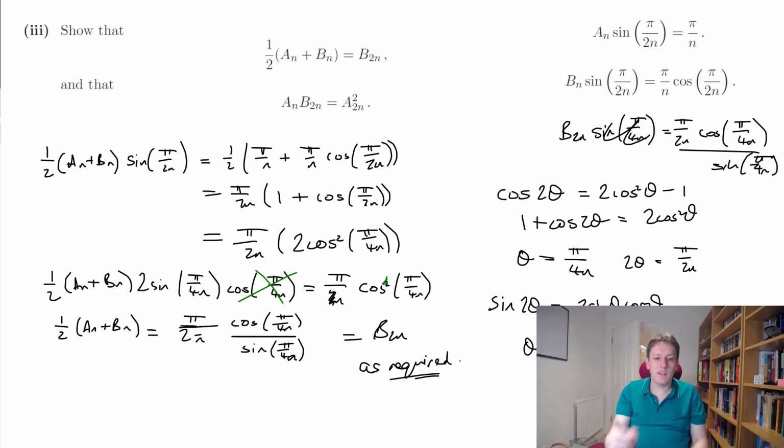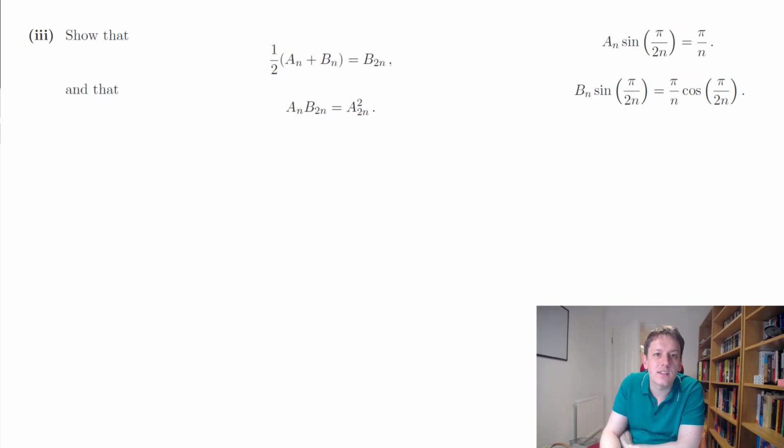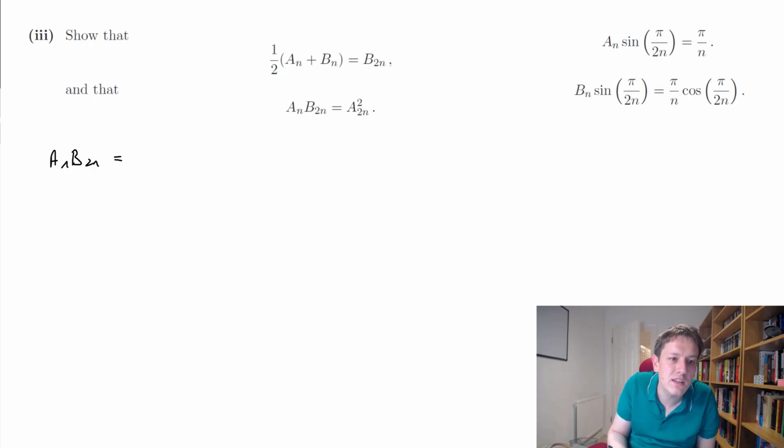Okay, last part then. an b2n is a squared 2n, and that's going to go in a similar sort of way. Let's have a clean page for that. So we have that an times b of 2n then. If I just write down what we've got here, so an, this time let me just write it directly with the sine pi over 2n, so I'm going to have pi over n times 1 over sine pi over 2n, that would just be an from this formula.